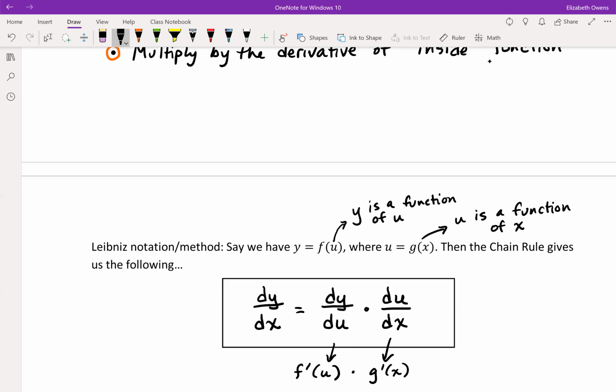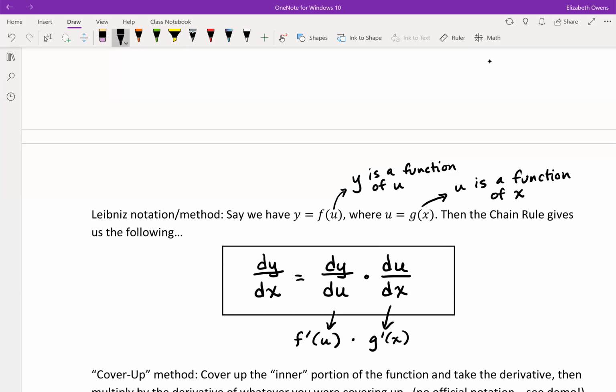But then if we do a little rewrite, u right here is literally g of x. So that f prime of u is f prime of g of x, times g prime of x. And so that is exactly the same thing that we had for the Newton notation.